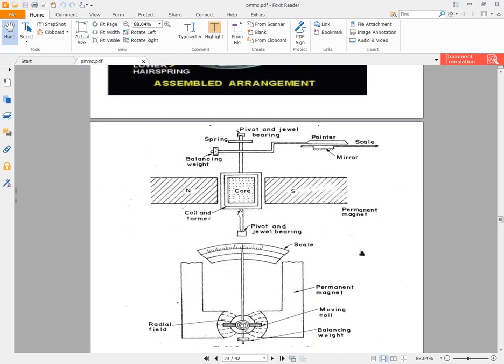Next, on the iron core, we take the aluminium former. This one is nothing but your aluminium former, or we can say the iron cylinder. Next, we are taking the coils.